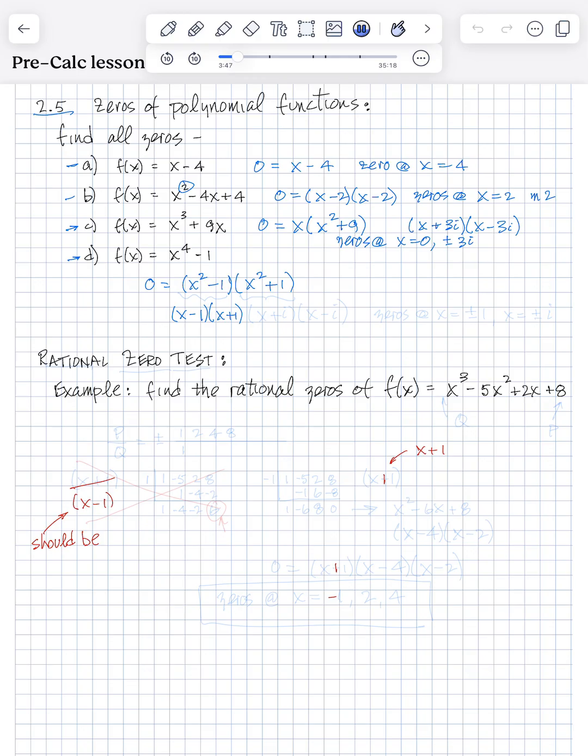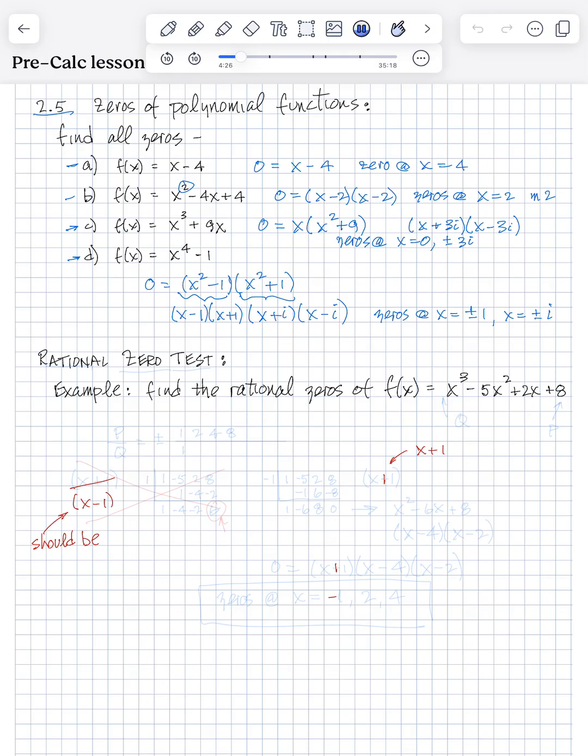And the x squared plus 1 is going to factor into x plus i and x minus i. So our 4 zeros are going to be at x equals plus or minus 1 and x equals plus or minus i.